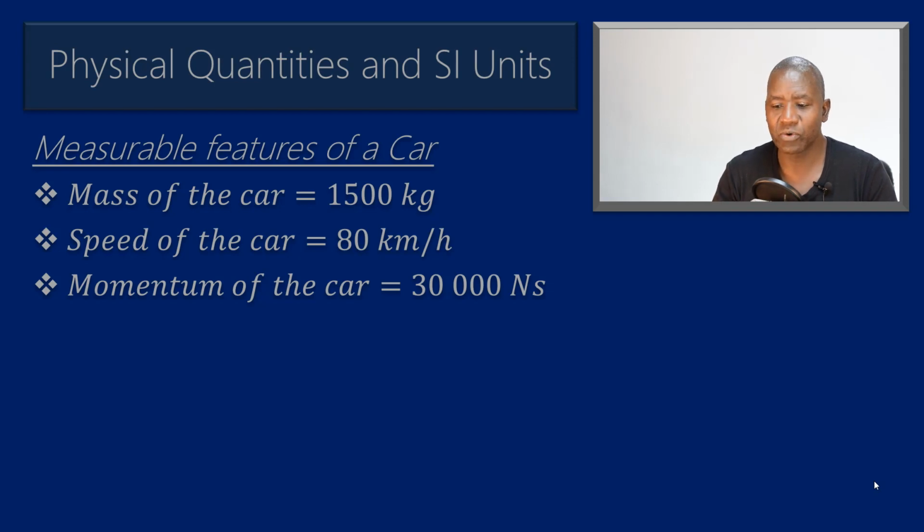We can also talk about speed of the car being 80 kilometers per hour, for instance. Momentum of the car could be given as 30,000 Newton seconds. In all these measurements, notice that the item remains the same. It is the car, but there are various features of the car that can be measured. These include mass, speed, momentum, and many others.